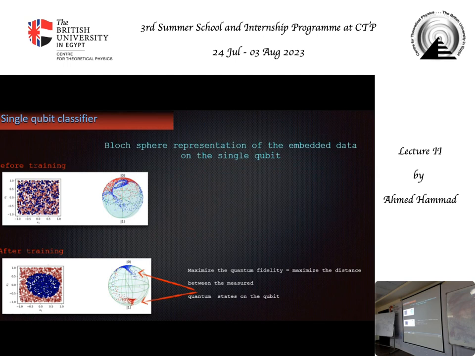That means we try to push the blue data onto one of the states and push the other completely far away onto the other state. This is exactly a metric, because it is a distance between them. So we increase the distance between the two states by minimizing 1 minus fidelity, and fidelity is nothing but the similarity between the predicted state and the target state.